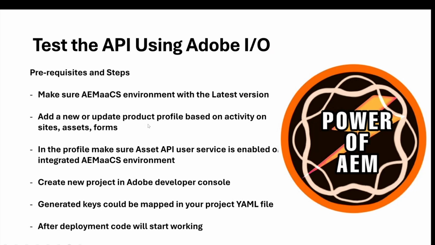For any user or any module that you want to use in terms of pulling out information through Open API, we need to first assign a product profile. For example, if you are just playing with assets, make sure you are providing the profile related to assets and its related services.